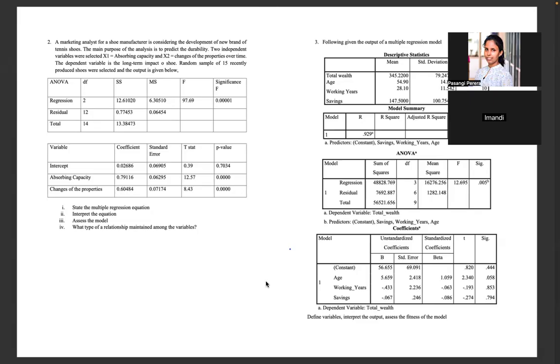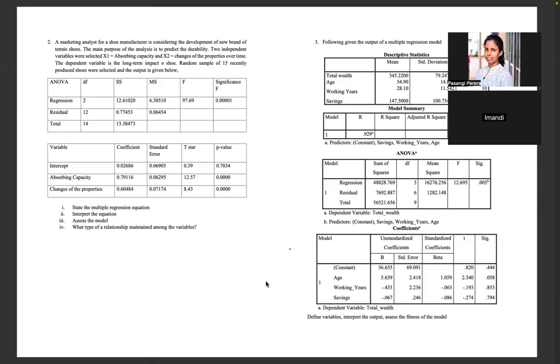The main purpose of the analysis is to predict the durability. Two independent variables were selected: x1, the absorbing capacity, and x2, the changes in properties over time. The dependent variable is the long-term impact on shoe. A random sample of 15 recently produced shoes was selected and the output is given below.